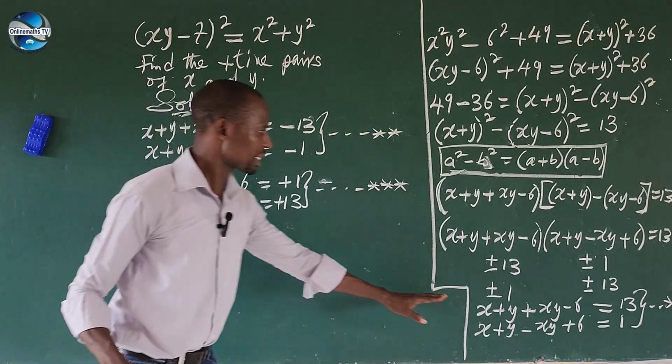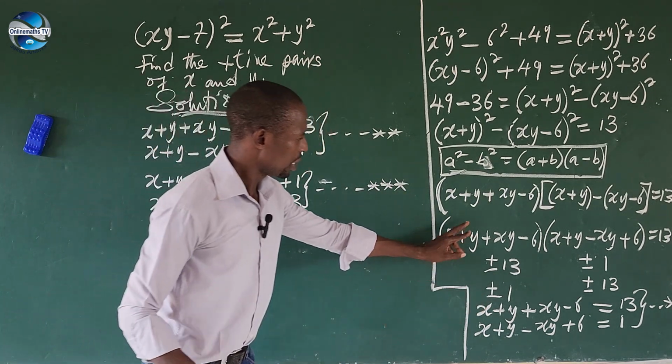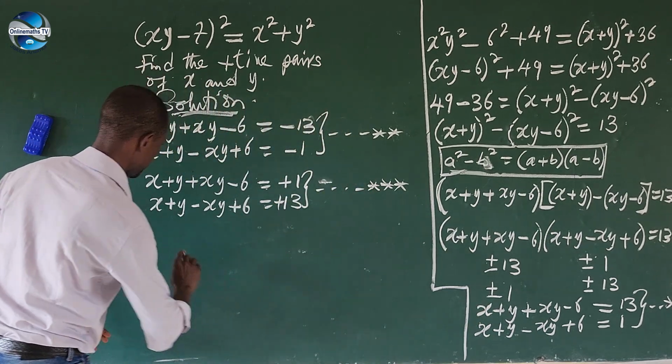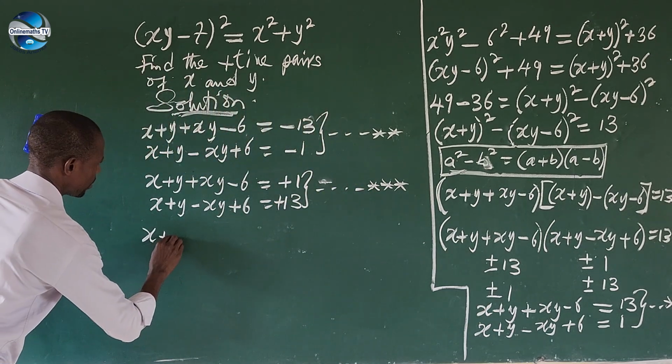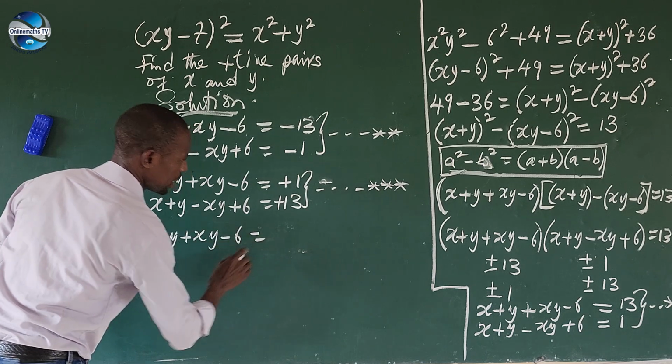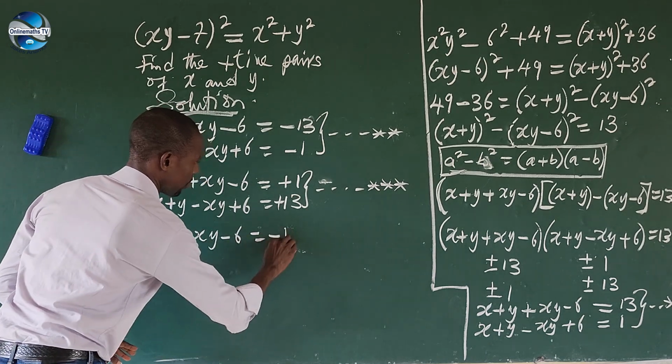Then the last case scenario is going to give us negative 1 and on the other side negative 13. So we have x plus y plus xy minus 6 equal to negative 1.